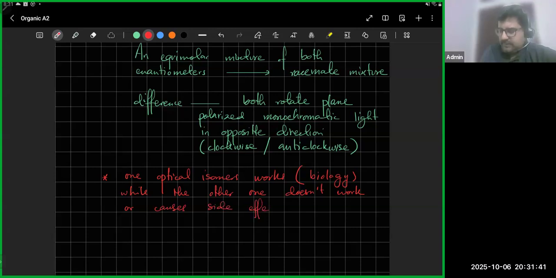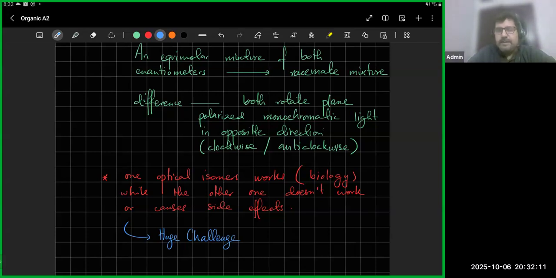So both geometric isomerism and optical isomers are a huge challenge when it comes to developing biological medicines, or any biological application. That's the difference between expensive drugs and cheap drugs.